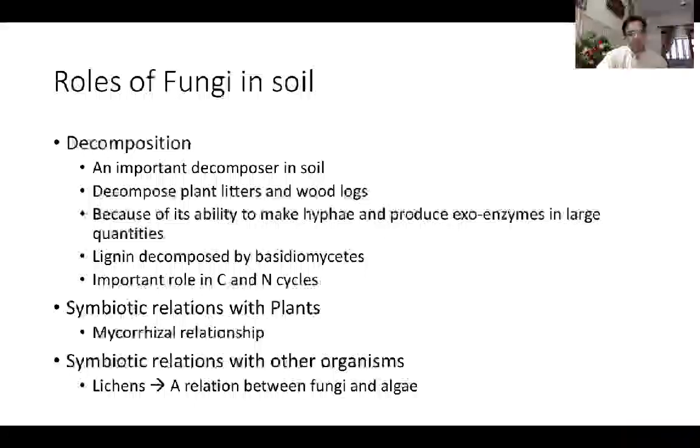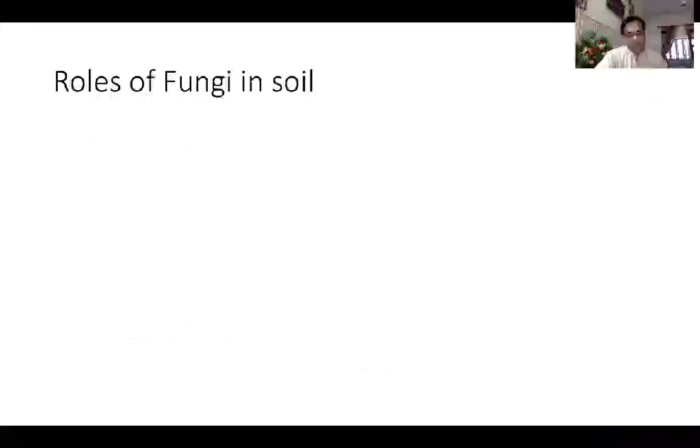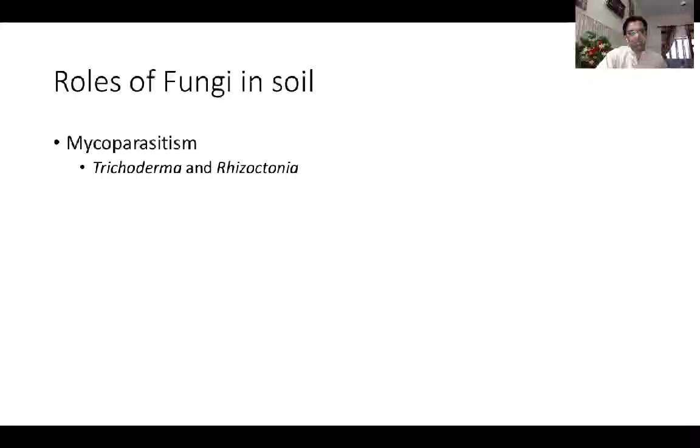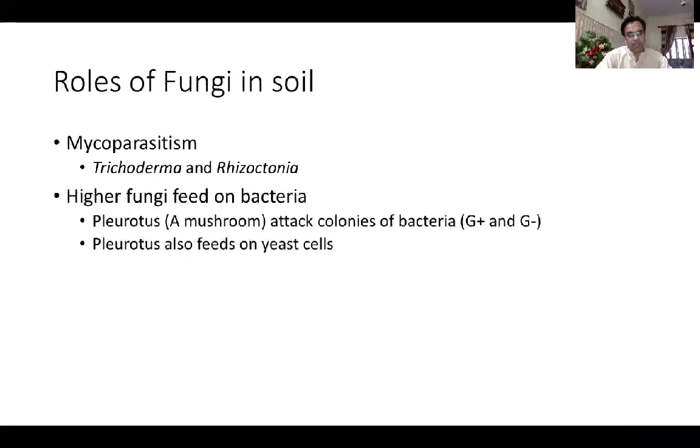Such relations are known as lichens. Then they have mycoparasitic relations with other fungi, for example, the relationship of Trichoderma and Rhizoctonia. Such relations have been explored frequently to search for biological control agents.